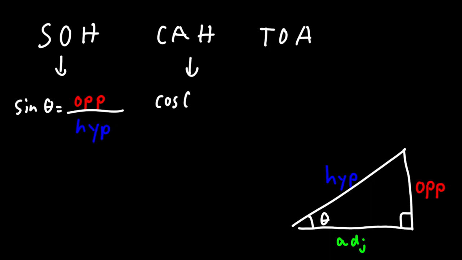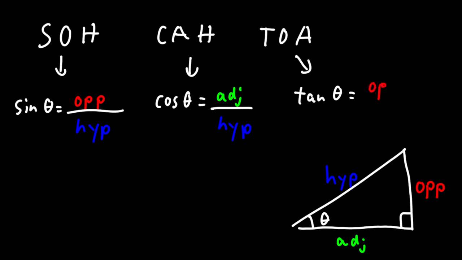Cosine of theta is adjacent over hypotenuse, and tangent of theta is opposite over adjacent.